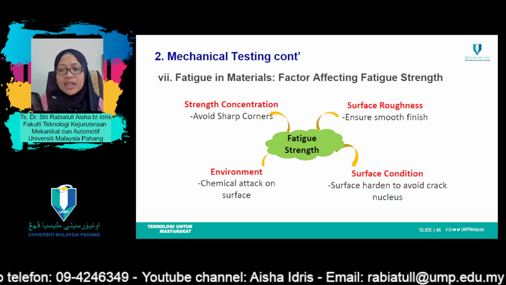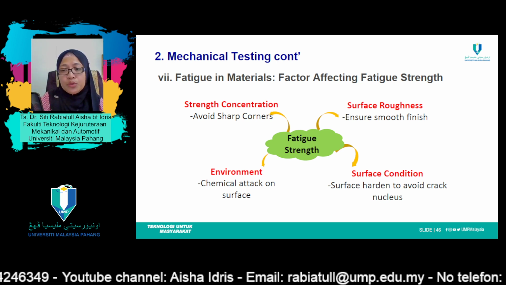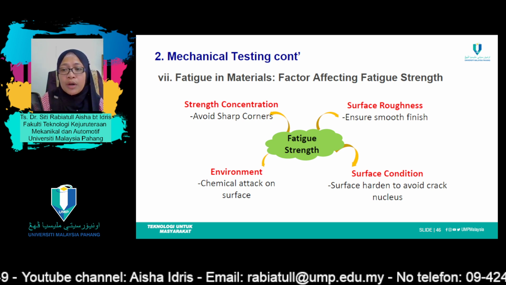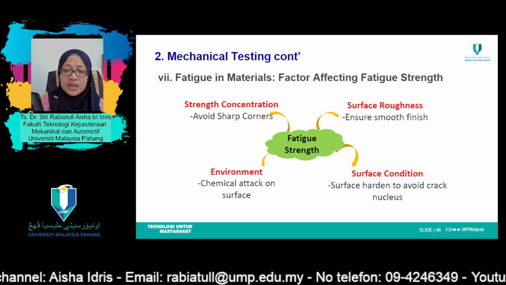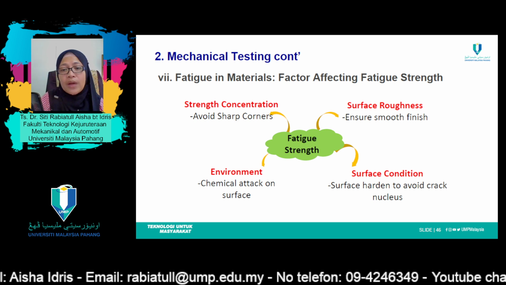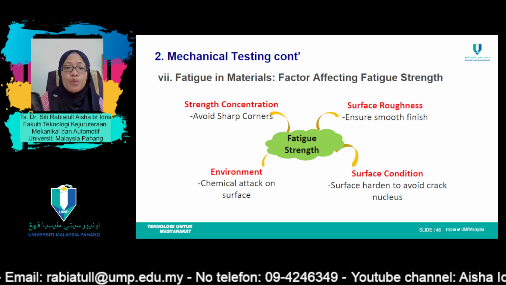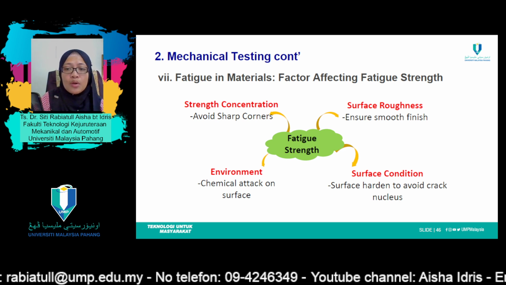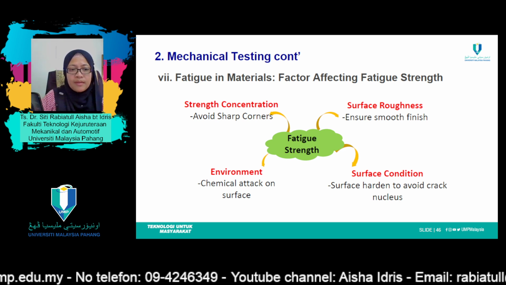After that, surface condition. The surface itself needs to be hardened to avoid crack nucleation. So this is additional work for surface condition. After that, environment. Normally chemical attack on the surface leads to low fatigue strength.